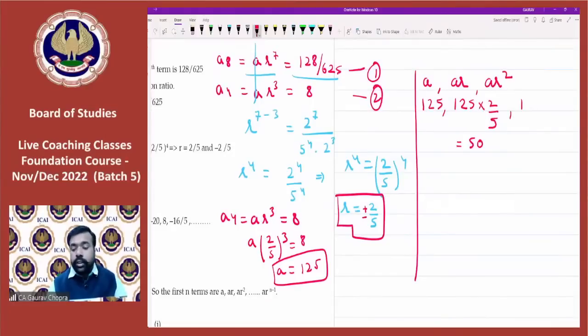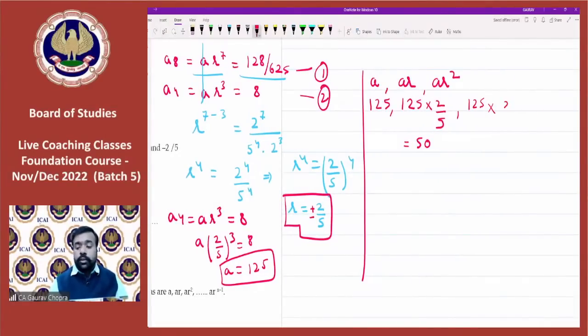And what about the third term? 125 multiplied by 2 by 5 into 2 by 5. So how much will come here? It will be 4 multiplied by 5, that is 20. So the series becomes 125, 50, 20 and so on.